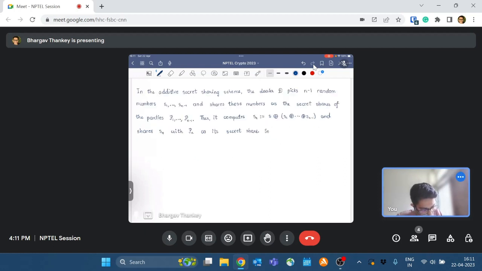So there are n minus 1 random numbers, which is order n random numbers, S1 to Sn minus 1, in the additive secret sharing scheme.